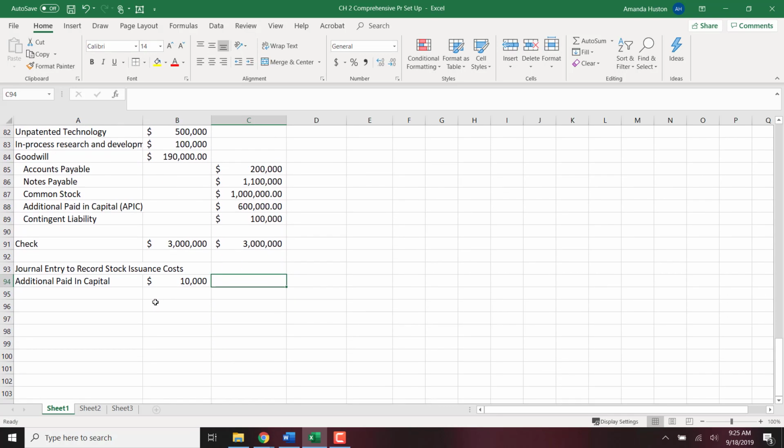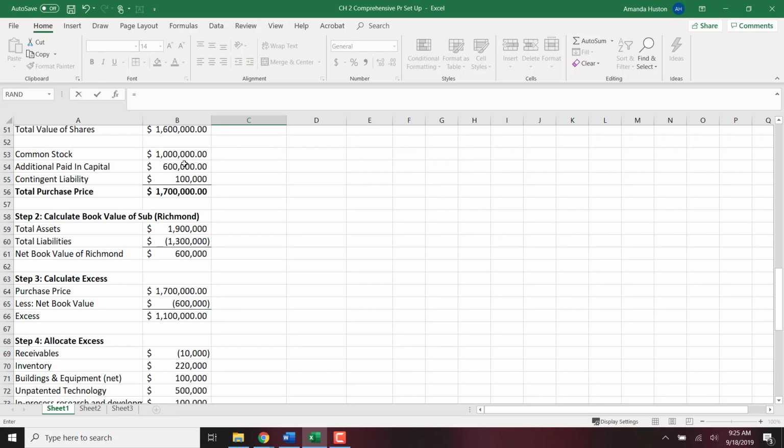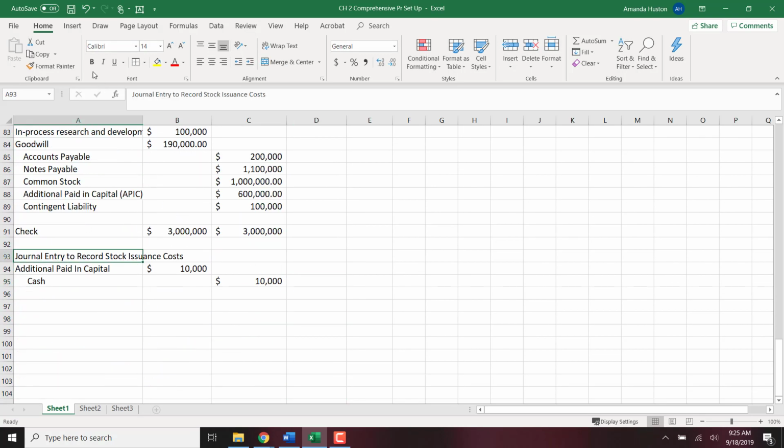They had stock issuance cost of 10,000 and they had to pay out cash. We assume they paid cash for these stock issuance costs of 10,000.